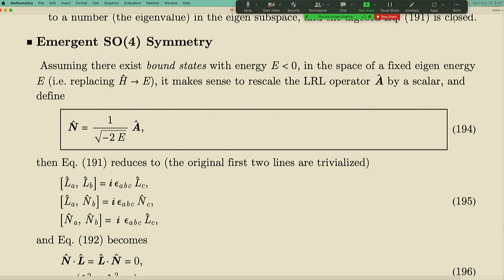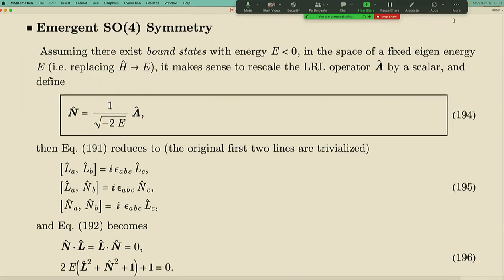Okay, so suppose we fix such an energy eigenvalue, assuming that there exists such an energy level. Then within that eigenspace, the Hamiltonian basically gets replaced by a constant E. And then we can renormalize this A vector by 1 over the square root of minus 2E.